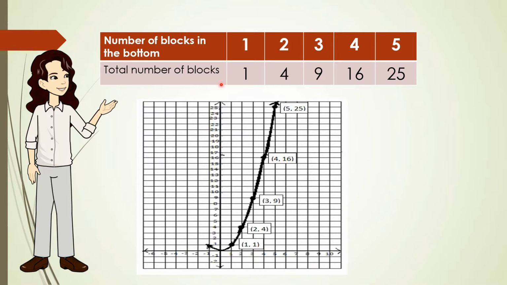And the total number of blocks, that is the y coordinate. And then, if you are going to plot the points, we have 1, 1 here. The next one is 2, 4. The next one is 3, 9. The fourth one is 4, 16. And the fifth is 5, 25.